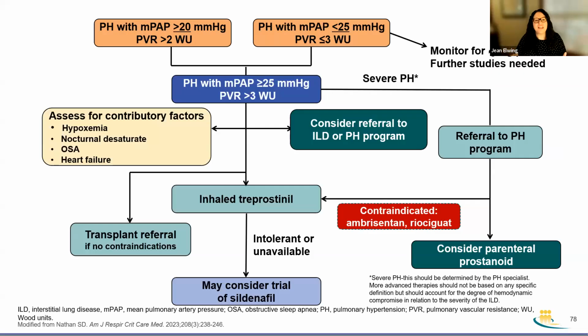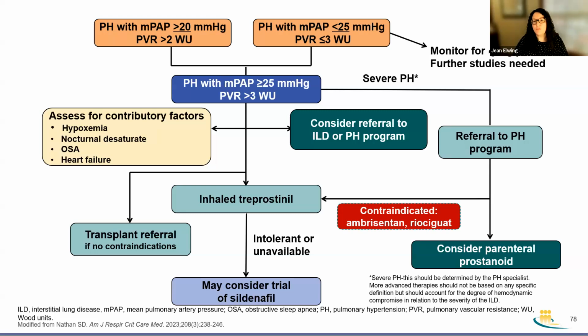So how do we put this all together? We have our patients who have pulmonary hypertension that meet criteria with a mean of greater than 20 and a PVR greater than 2. They were not included in the INCREASE study. So those are patients we diagnose, but then we sort out how to best manage. We follow them and watch them and consider treatment in select patient population.